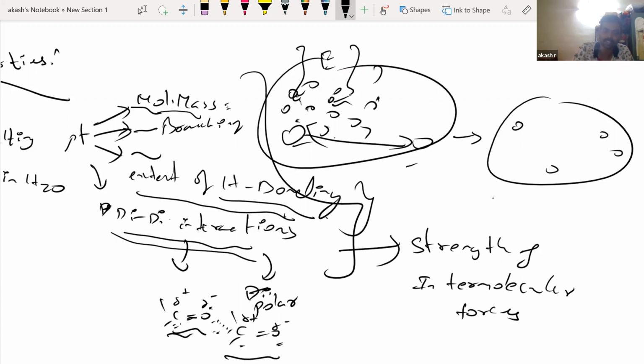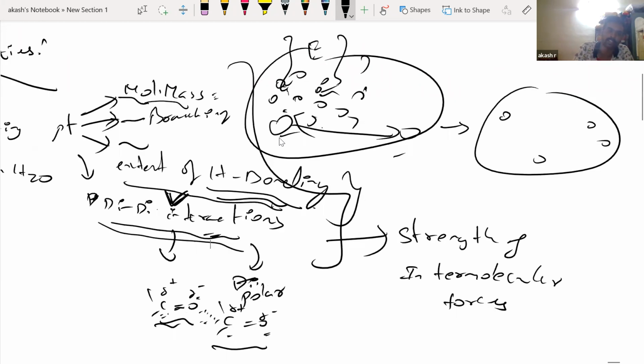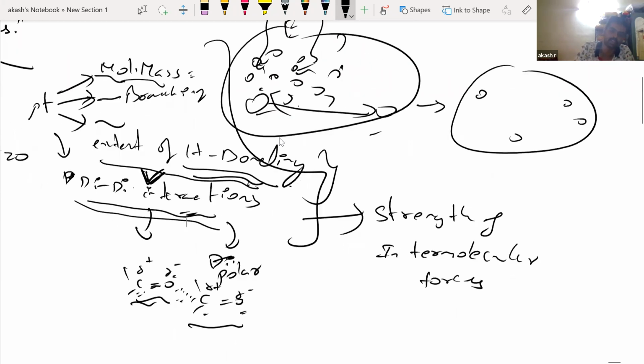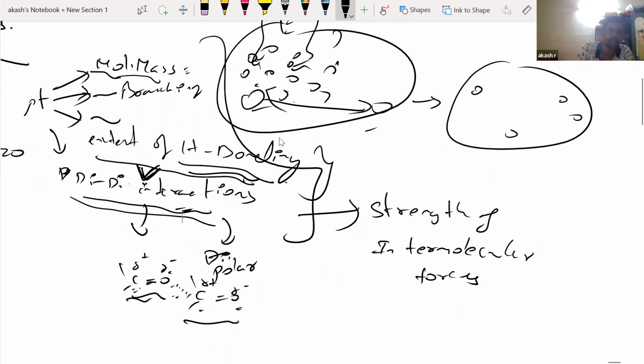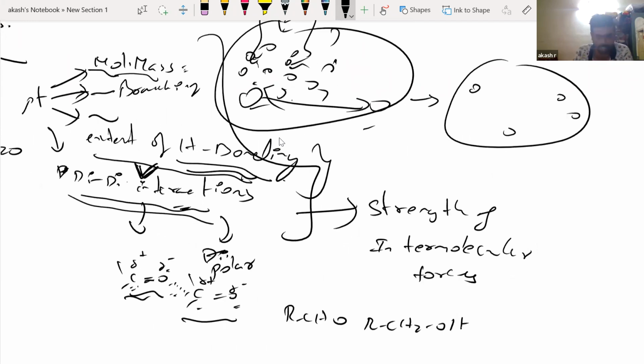Obviously, please understand that hydrogen bonding is stronger than dipole-dipole interactions. That is the reason why, when we compared RCHO with RCH2OH, or RC double bond OR ketone for that matter, almost only one or two hydrogens are different.